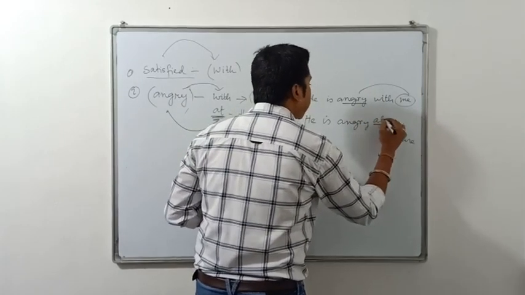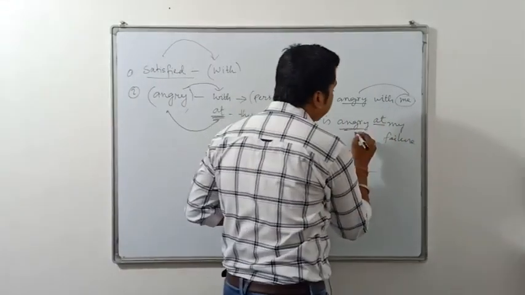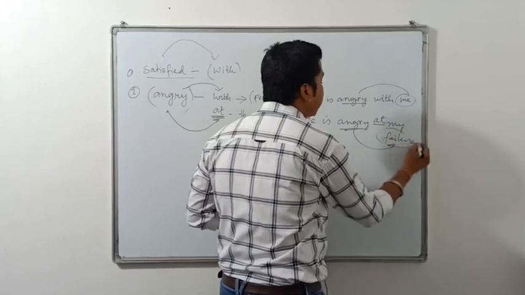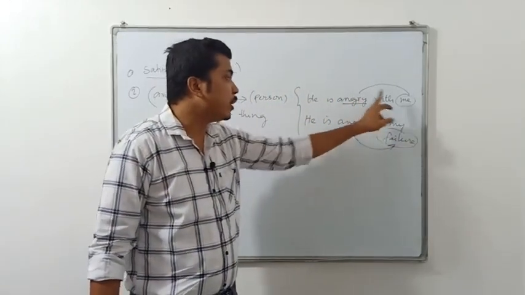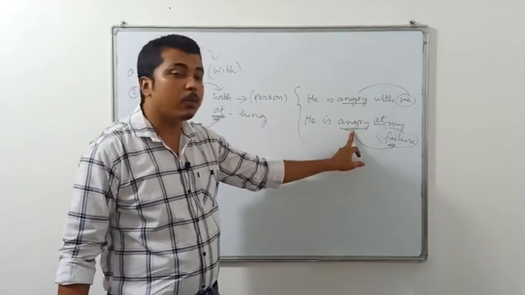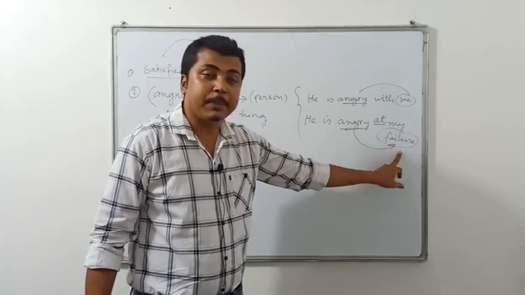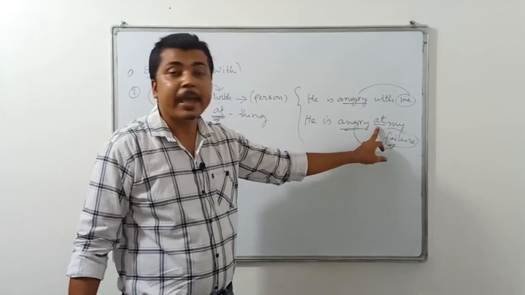In this case we are going to use at. Why? Here angry is not denoting person, it is denoting failure, isn't it? So whenever the word angry denotes any person, we use with, and when it denotes any particular thing or reason, we use at.